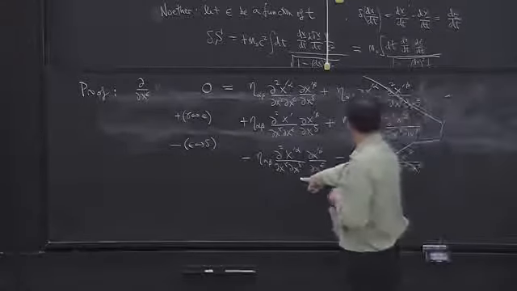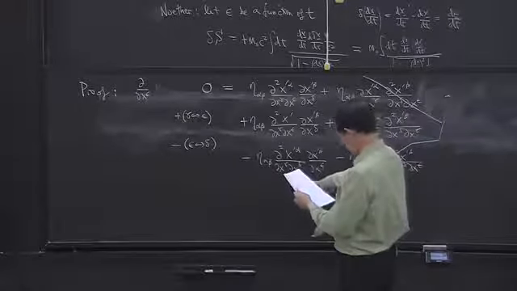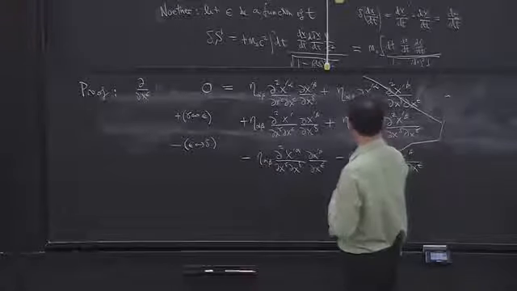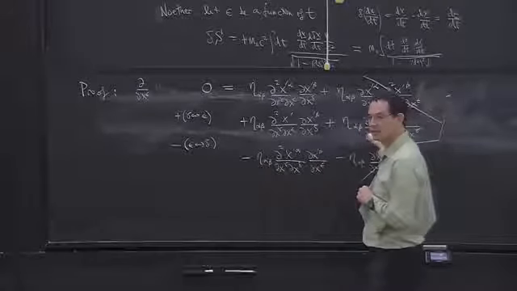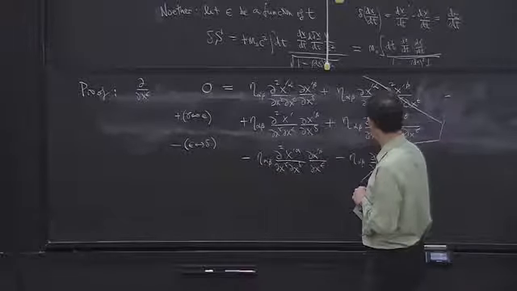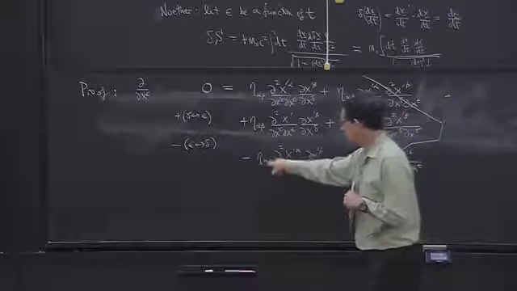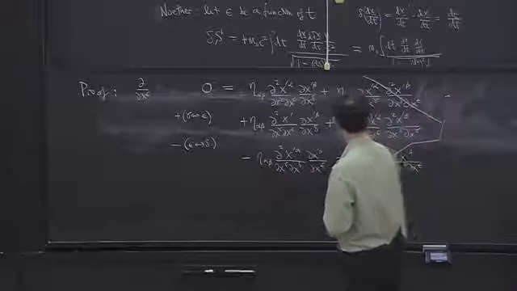This term is precisely, do I mean that term? Should be this one. Yes, it's exactly this one. Because this term and this term have just relabeled alpha and beta. So x prime alpha goes to x prime beta goes to x prime alpha, eta alpha beta is symmetric. So these two cancel.